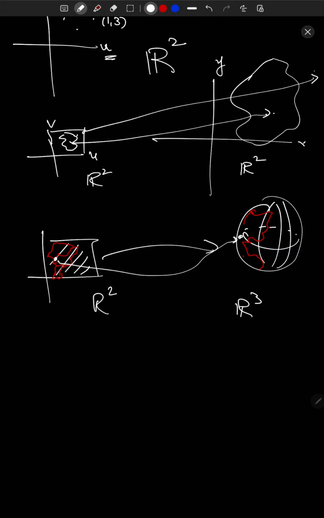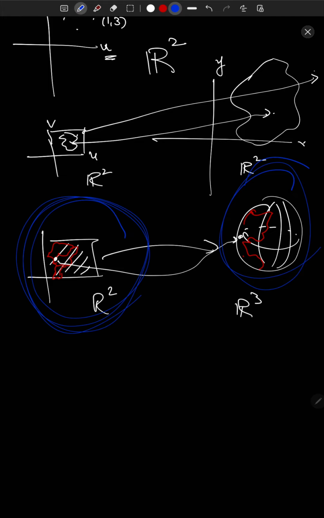Okay. All right. So this is super, super important because it's really hard, for example, to work on the sphere because it's curved, but it's really easy to work on a flat copy of R2 because it's just R2.